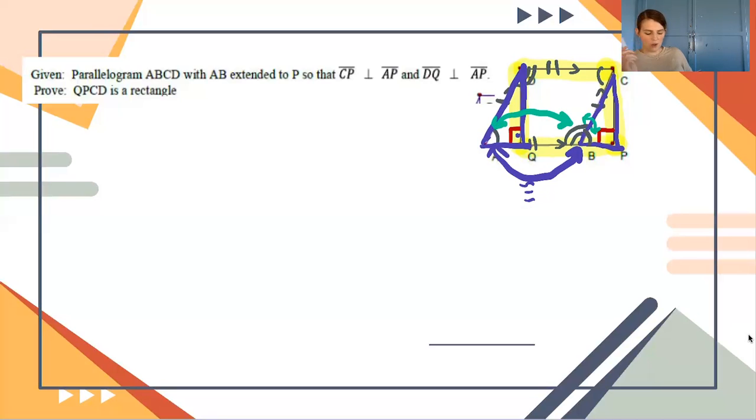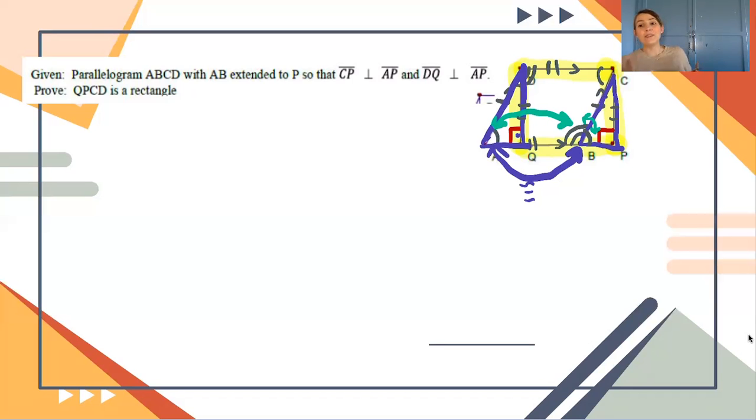Once I prove that those are congruent, then I can prove that these two sides are congruent. When I do that, I will have two right angles and two congruent sides, which can prove that that's a rectangle.